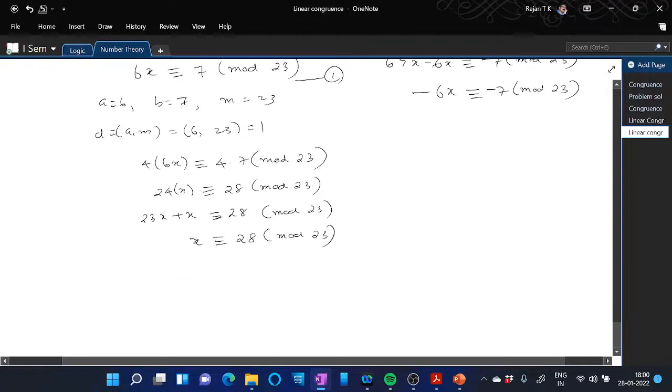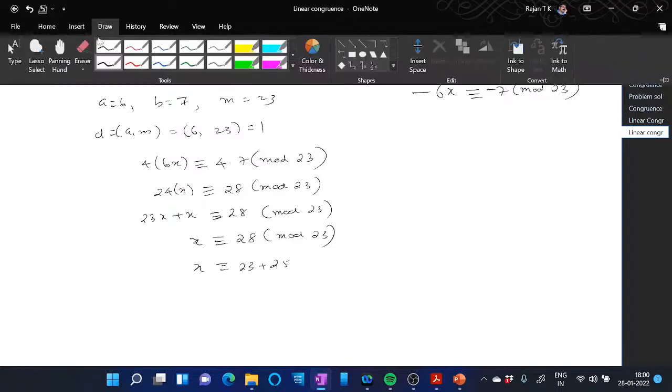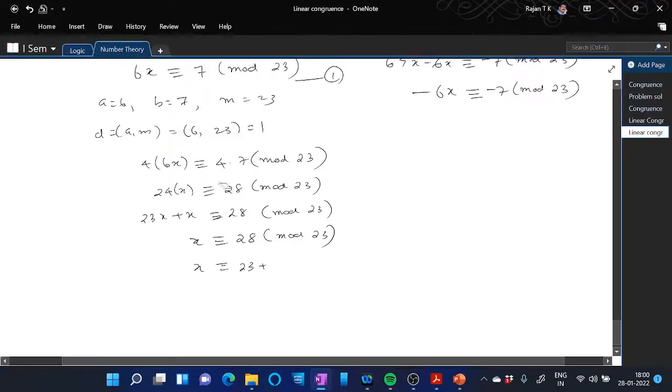And 28 you can write as 23 plus 5. Therefore x is congruent to 5 mod 23.